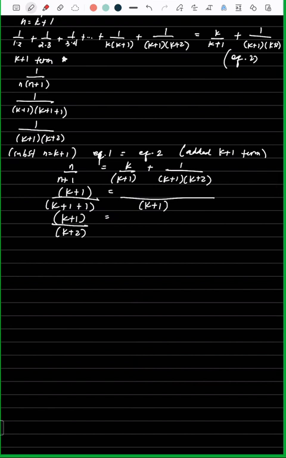On the right side, you're going to observe there are similar denominators. For your similar denominators, you only use it once. So k plus 1 is similar. So we're just going to use k plus 1 once. And then, since k plus 2 doesn't have any similar denominator, we just multiply it to k plus 1.